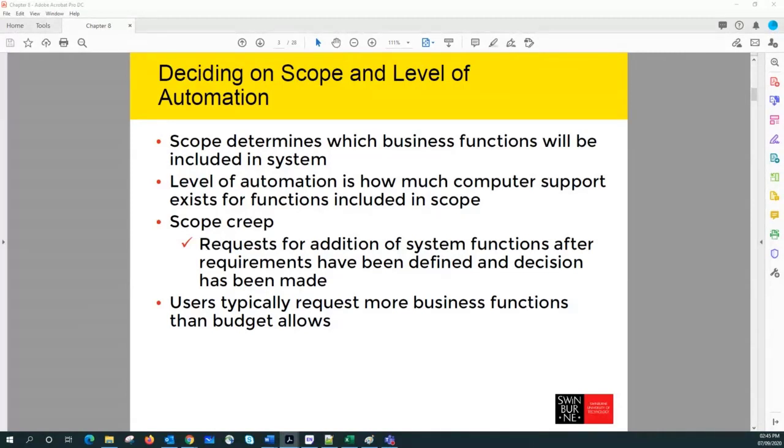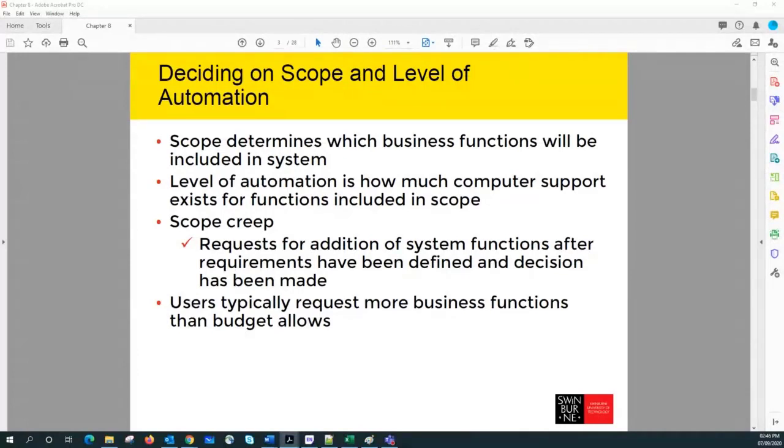The next set of use cases are important. And then we can have another set of use cases that are more desirable. So we can have a mandatory set of functions, an important set of functions, and a desirable set of functions.